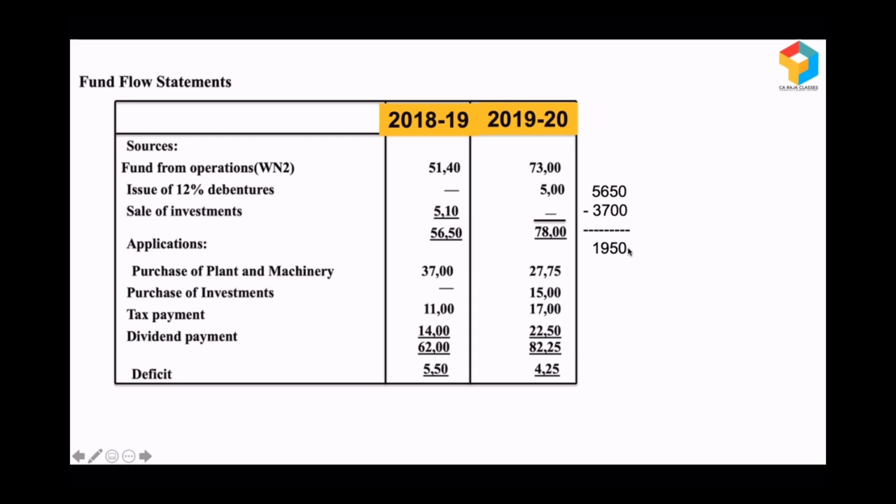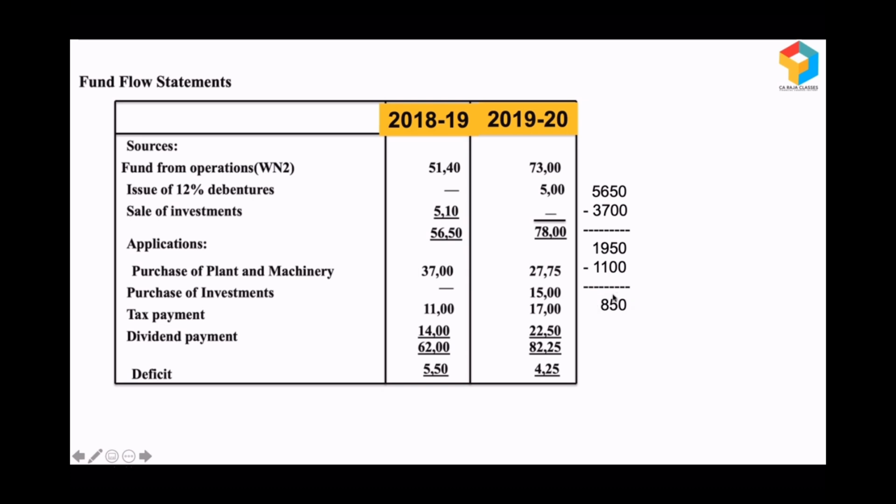And then what they are supposed to do, tax is compulsory, they cannot escape. From 1,950, they paid taxes of 1,100. So they are left with 1,950 minus 1,100, 850. When they are left with 850, they made this mistake.